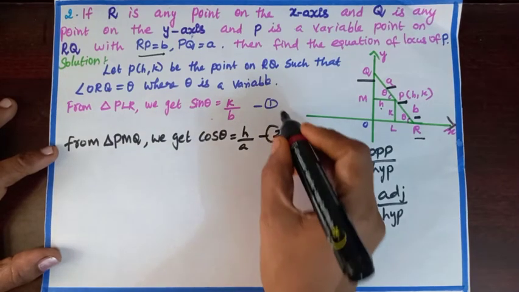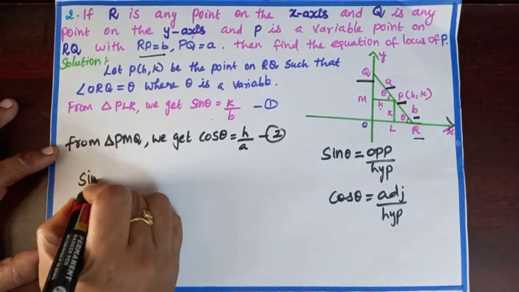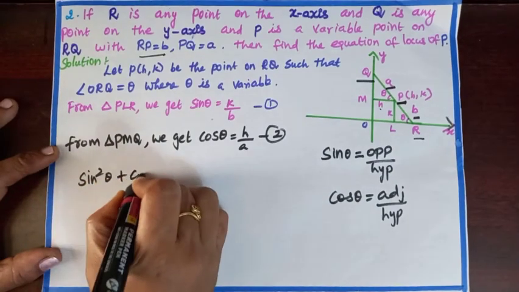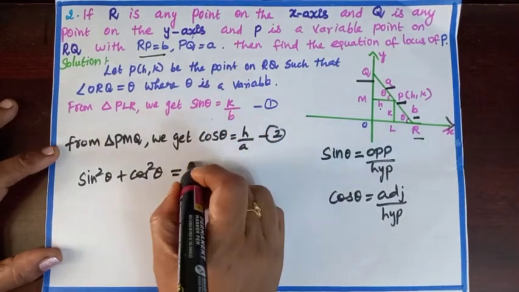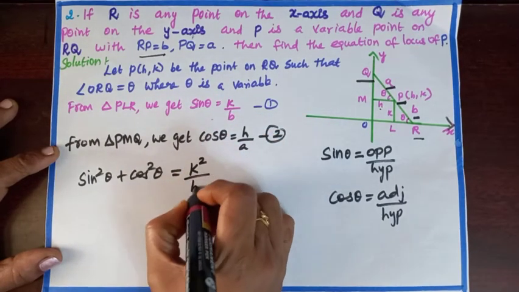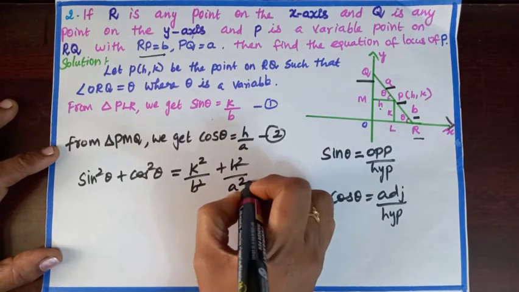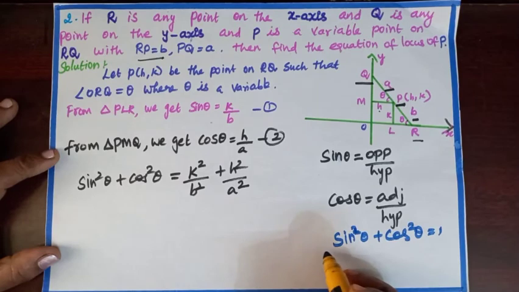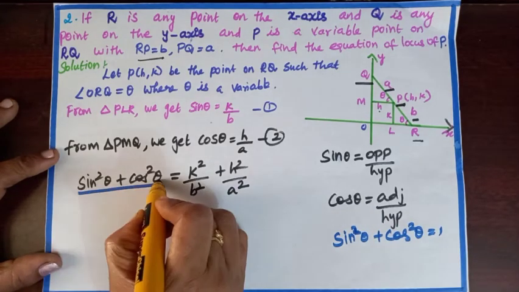Now squaring and adding first and second, we get sin² theta + cos² theta on the left hand side. Right hand side, squaring, we get k²/b² + h²/a². We know that sin² theta + cos² theta = 1, so this will become 1.